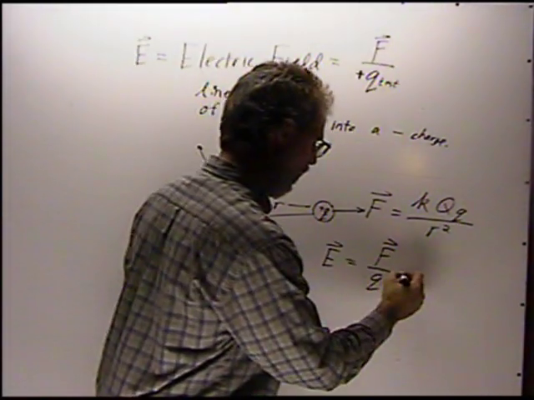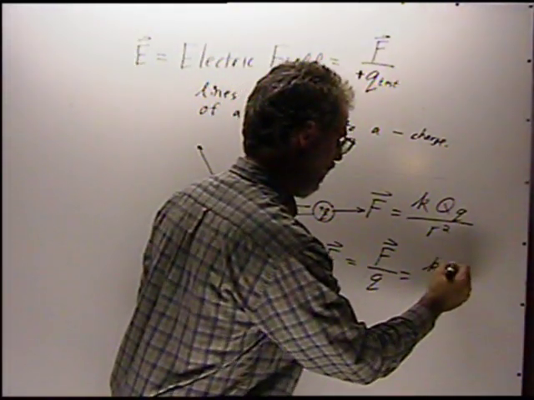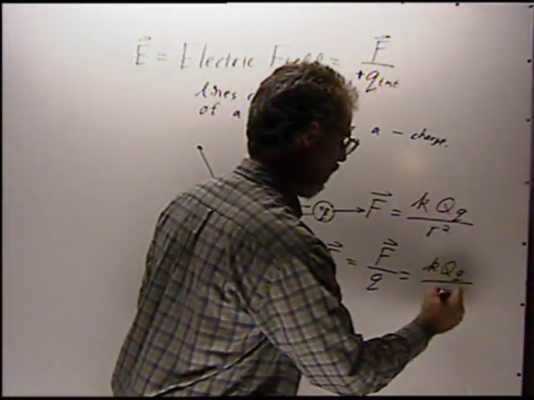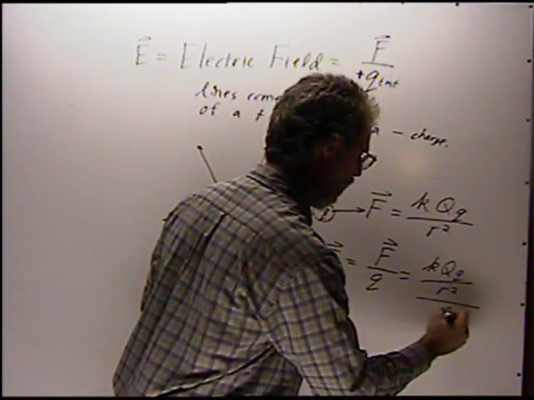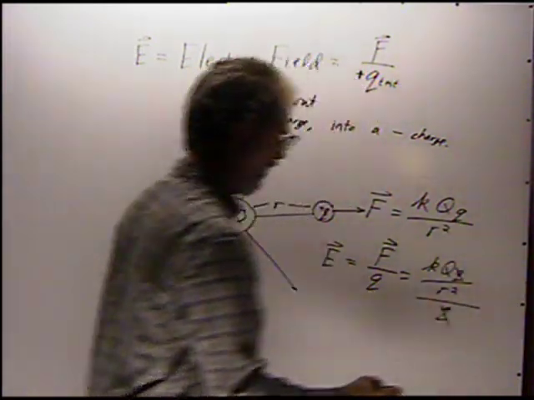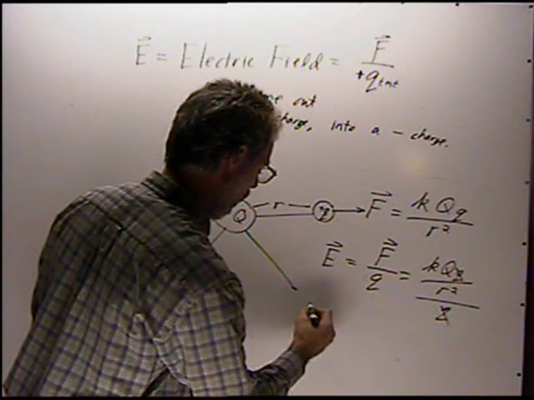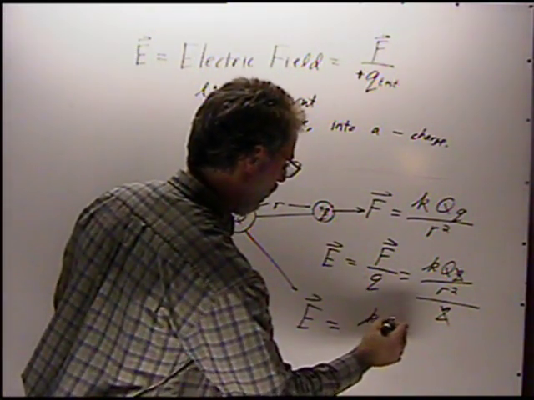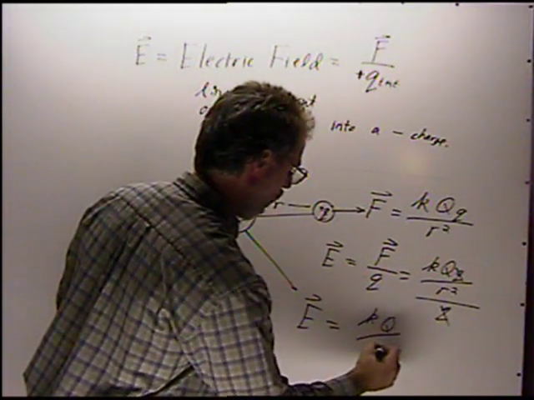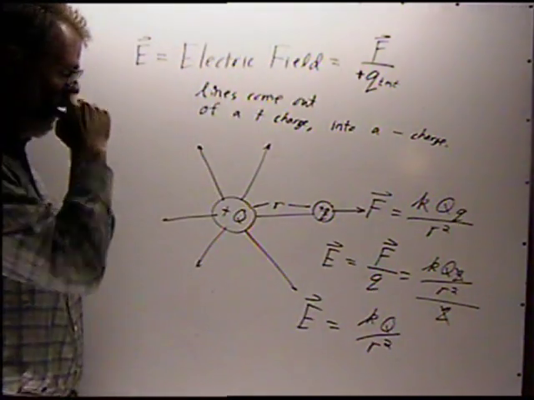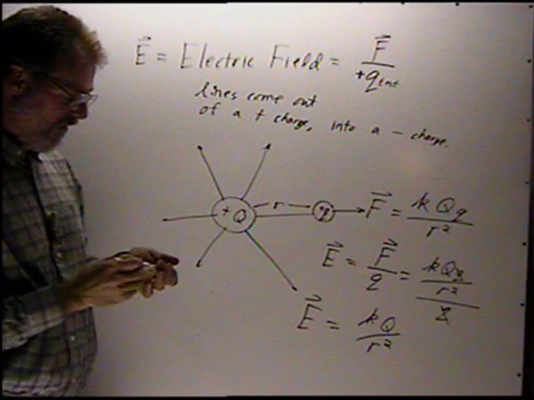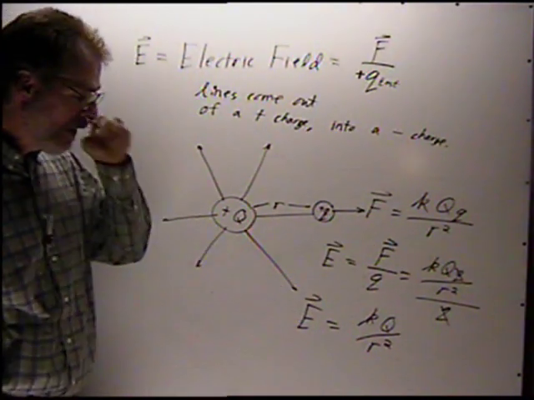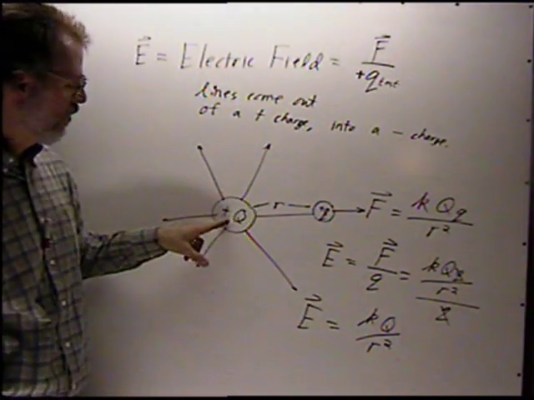So what that means is we will get K, Q, little q, divided by R squared, divided by q. Well, the q's cancel out, and what we're left with is that the electric field is simply K times Q over R squared.